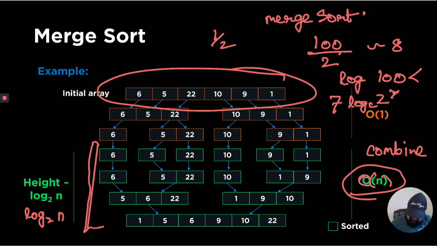So the total number of times the list will be combined is proportional to the log of the initial problem, because we are dividing the problem in half in each step.